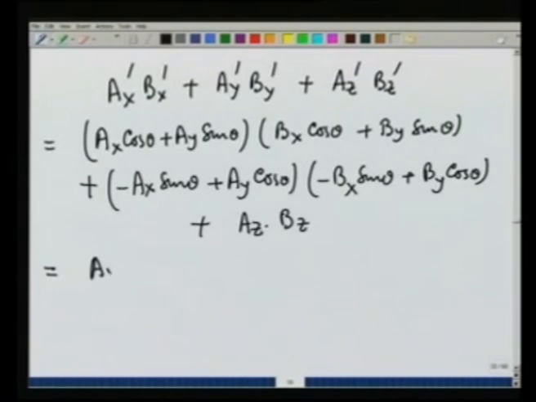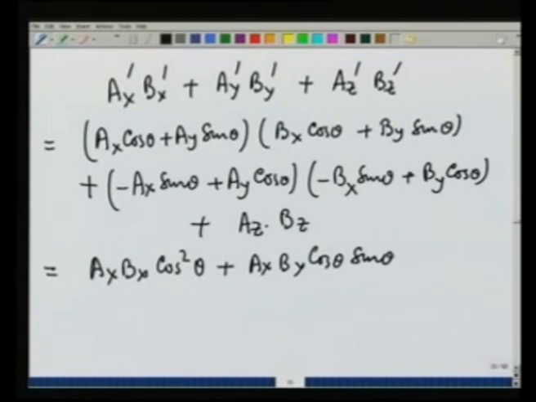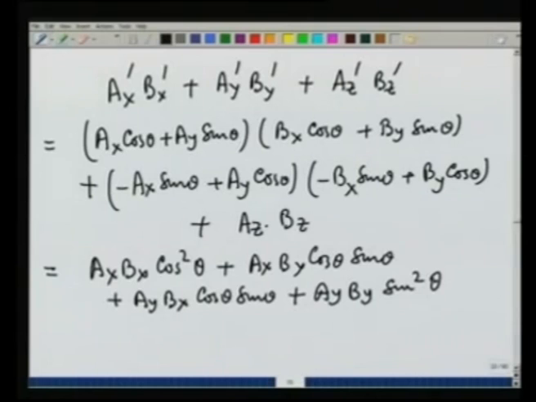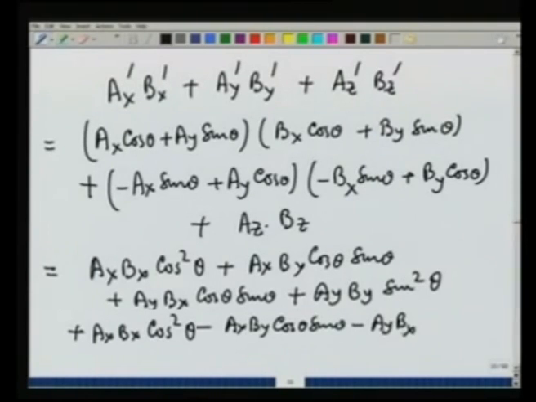The first term gives you A x B x cosine square theta plus A x B y cosine theta sin theta plus A y B x cosine theta sin theta plus A y B y sin square theta plus A x B x cosine square theta minus A x B y cosine theta sin theta minus A y B x cosine theta sin theta plus A y B y cosine square theta plus A z B z.